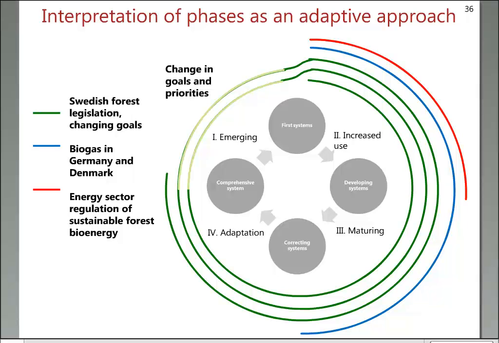Until the goal changed and became more focused on wood production, and you could perhaps say that the system enters another circle that matured and developed, and more regulations were put in place. With the last one of these requirements being the requirement that a forest management plan must exist, and then changing now to more environmental goals and including that.